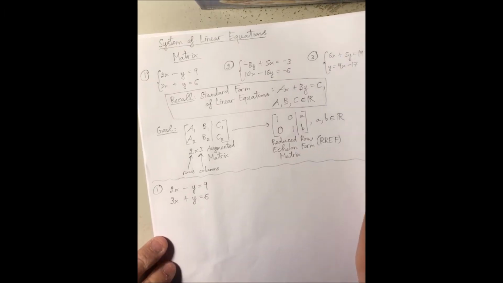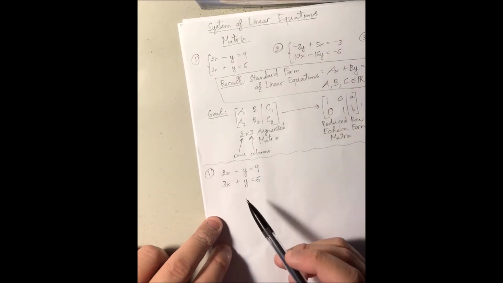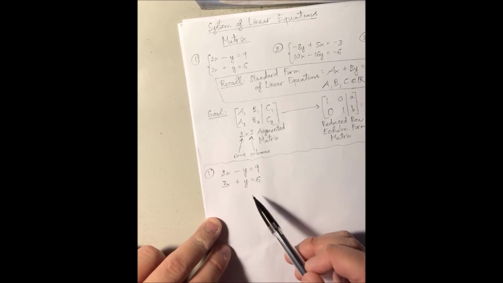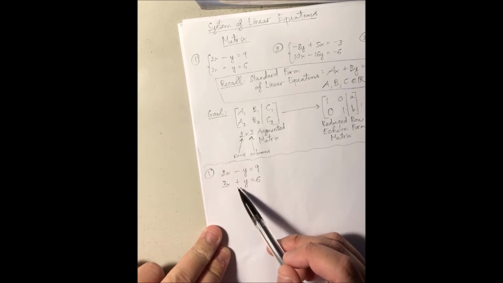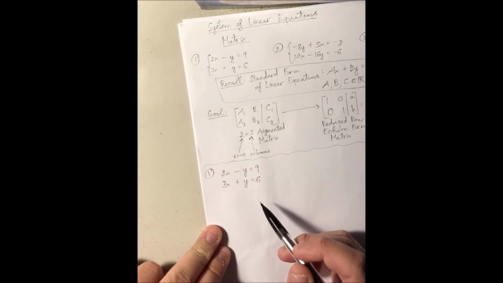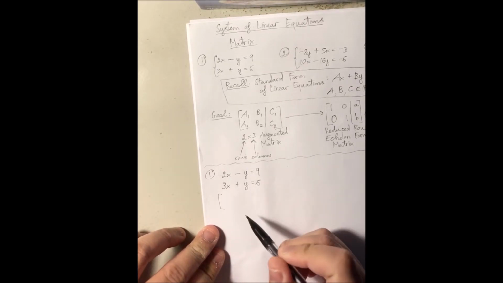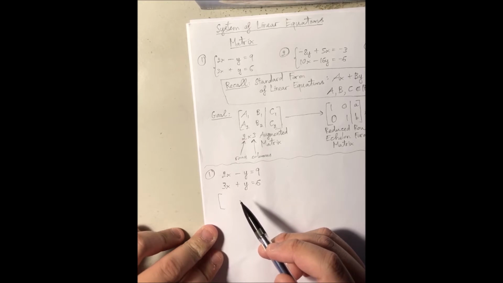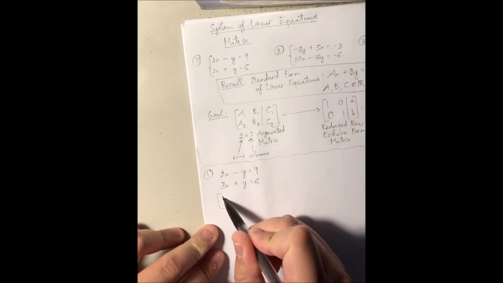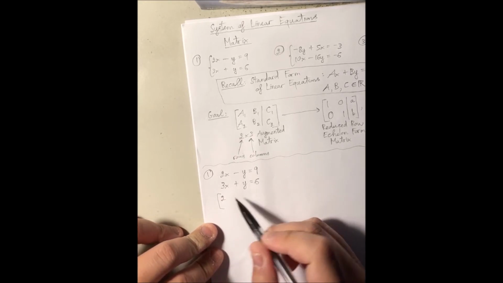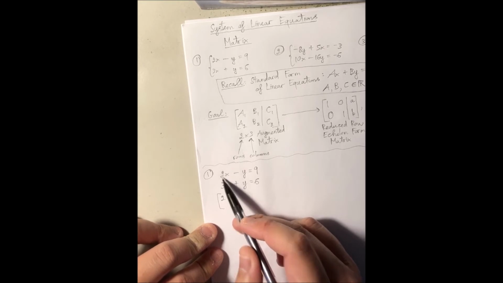So in example 1, we have the system of linear equations of positive 2x minus y equal 9 and positive 3x plus y equals 6. Well, immediately we can tell that the augmented matrix of this system of linear equations is going to be 2, which is the coefficient that goes with the x.